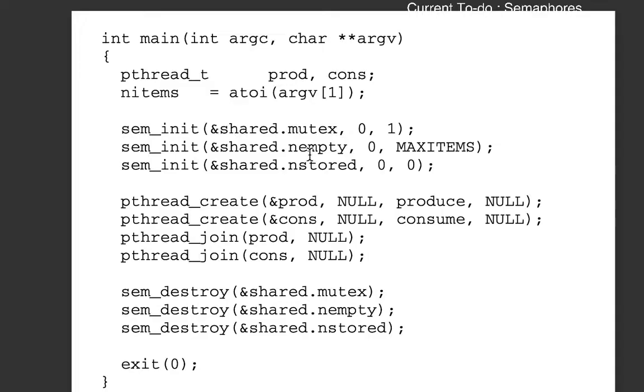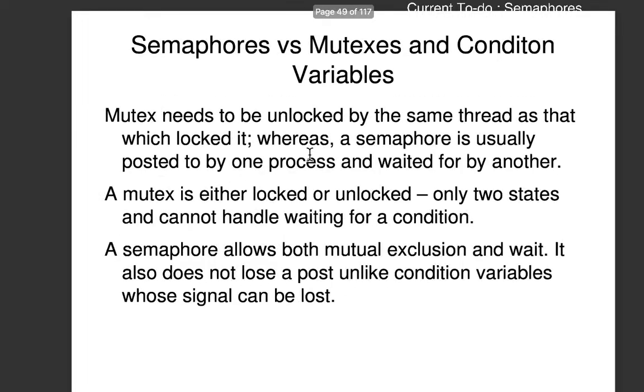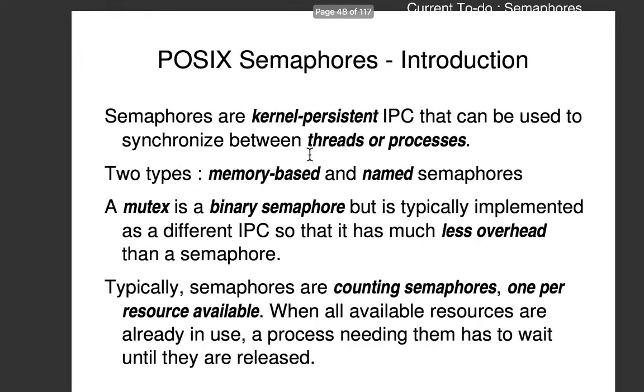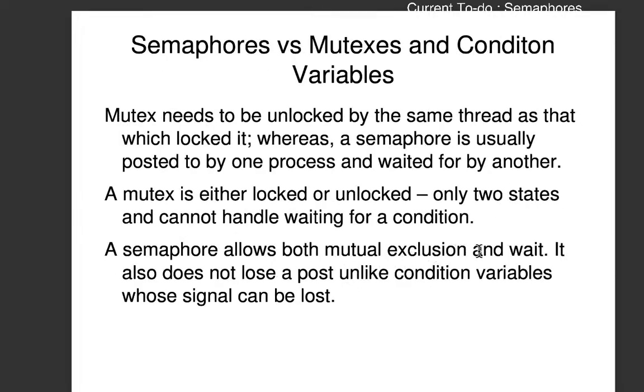Okay. One thing is for sure, semaphores allow both mutual exclusion and wait. It also does not lose a post, unlike condition variables whose signal can be lost.